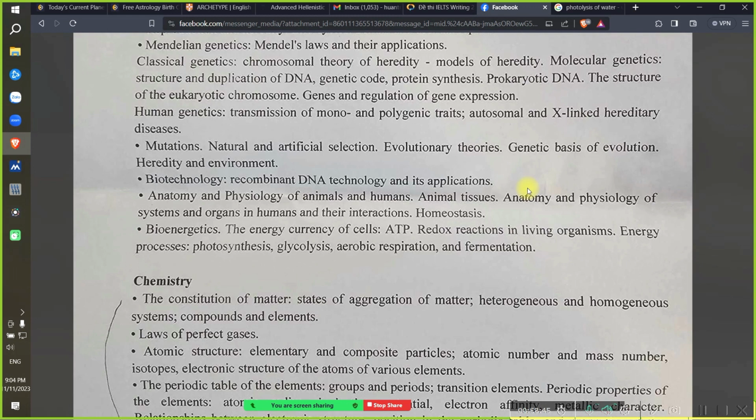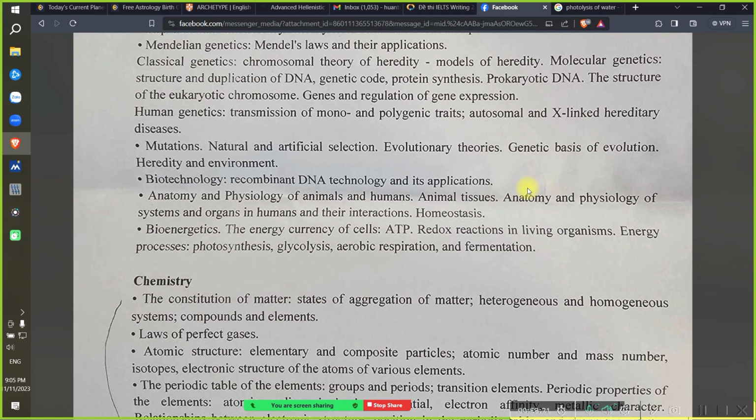So in this reaction, NADPH is oxidized back into NADP plus. So it gives up its electrons. Also, ATP is used to power that process. So ATP is converted into ADP plus phosphate.